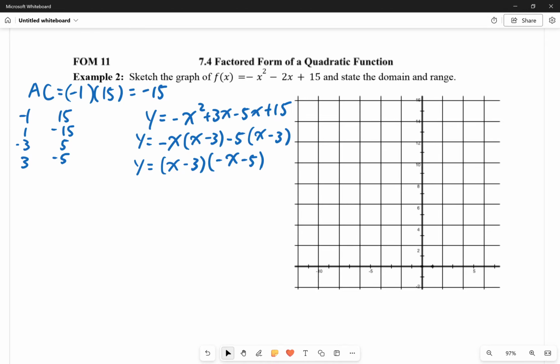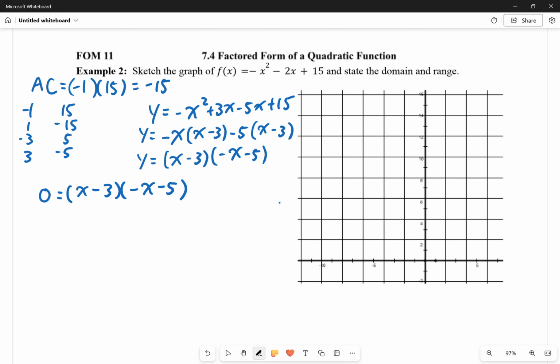Okay, so I factored. Once you factor, what you do is you set your y's equal to 0. Keep your two factored brackets the same, negative x minus 5. Then you use these two to solve. Okay, so I have two possible answers, either x minus 3 is equal to 0 or negative x minus 5 is equal to 0.